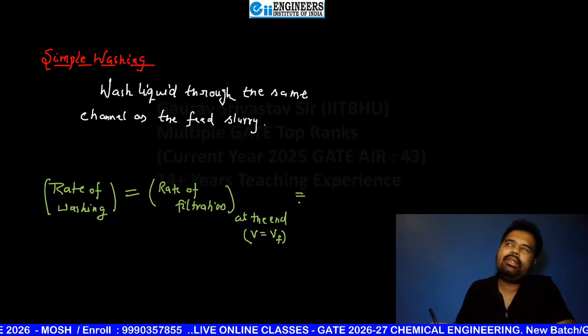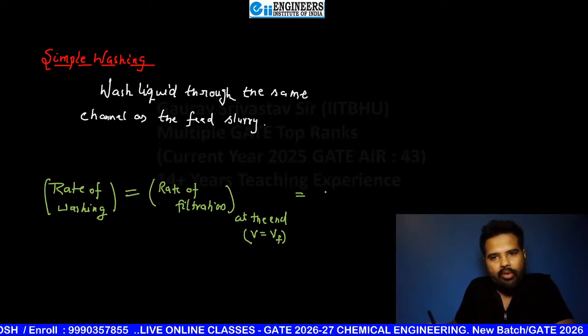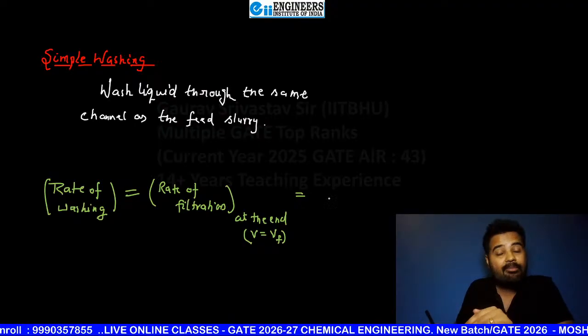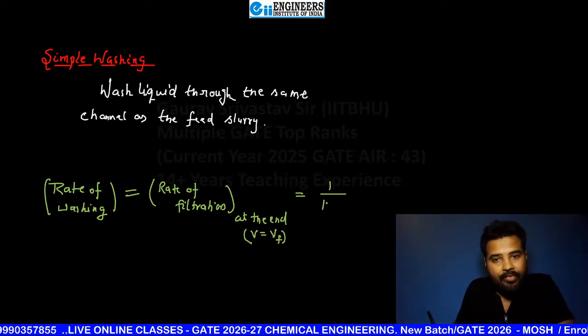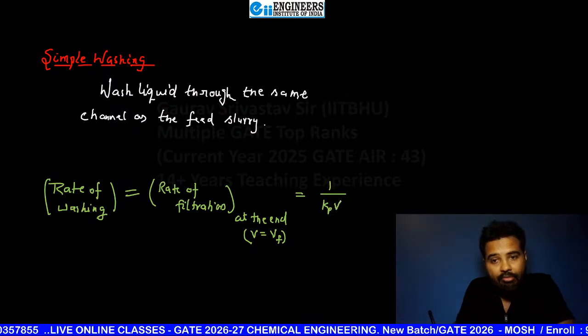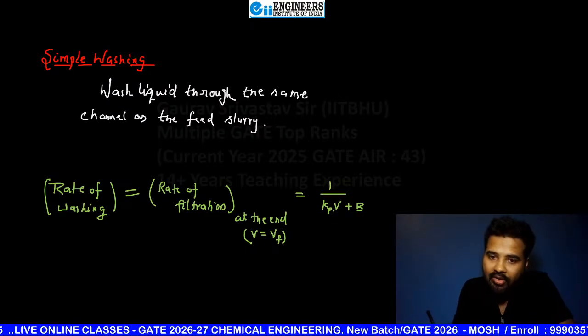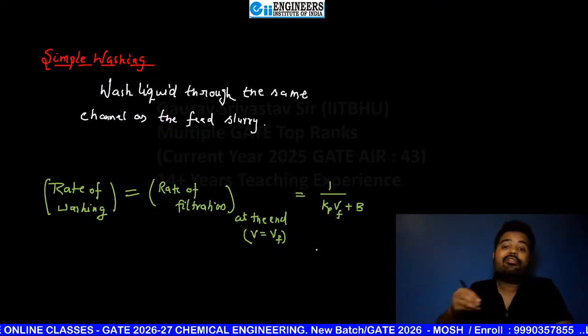Yeah, dt by dV is equal to KV plus B. So dV by dt will be 1 by (Kp V plus B). So here, 1 upon Kp V plus B. But now, my dear student, this is not V, this is now V final.